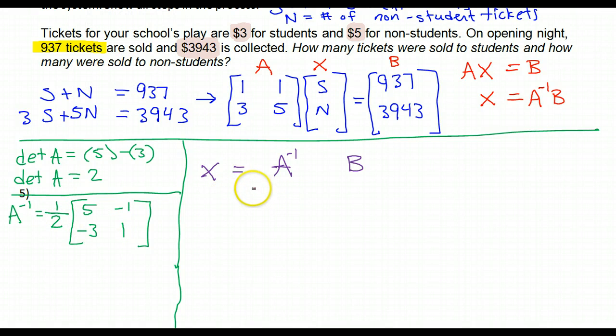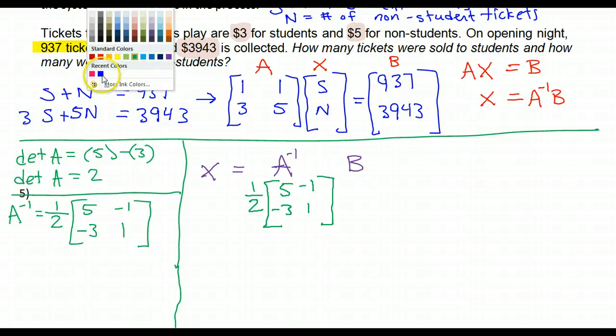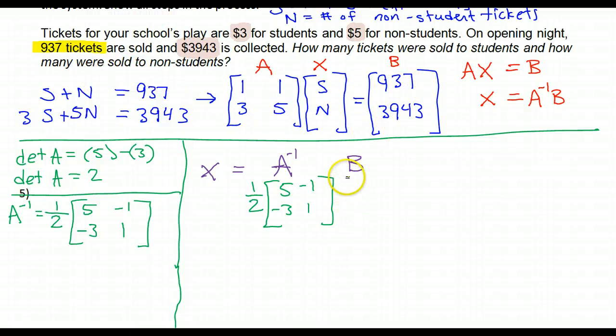So A inverse is this 1/2, 5, -1, -3, 1. That's A inverse. Now, okay, according to our theory, x equals A inverse times B. So here's our A inverse. Now we're going to do times B. Okay, B is this big guy. Alright, 937, 3943.